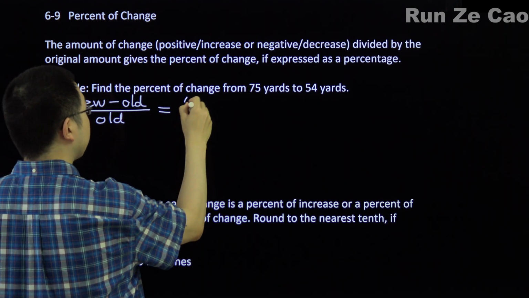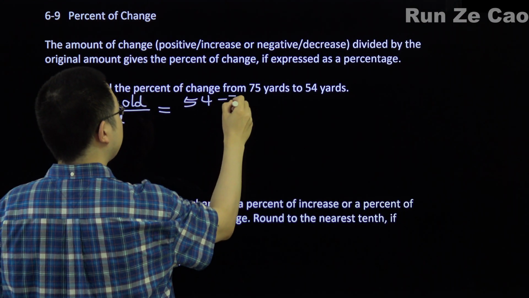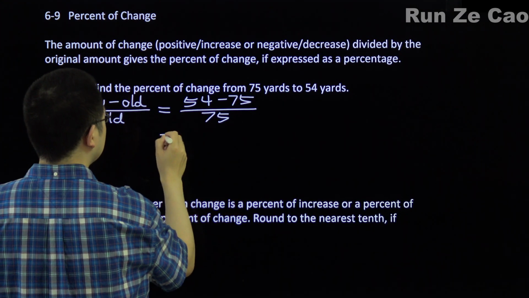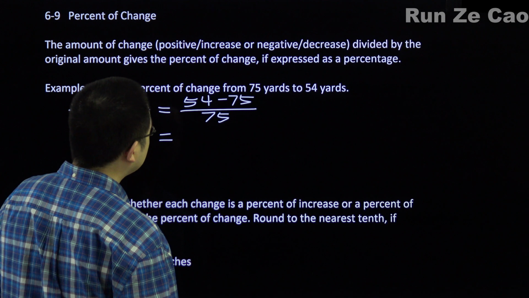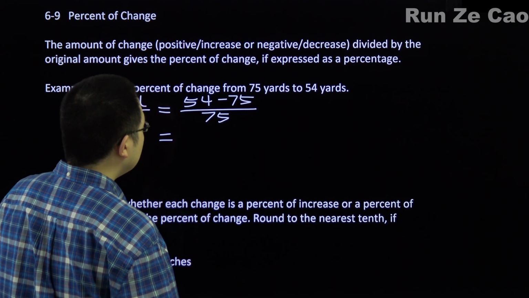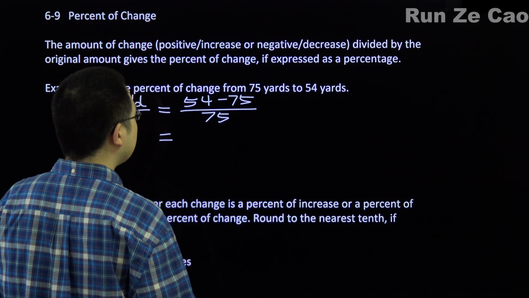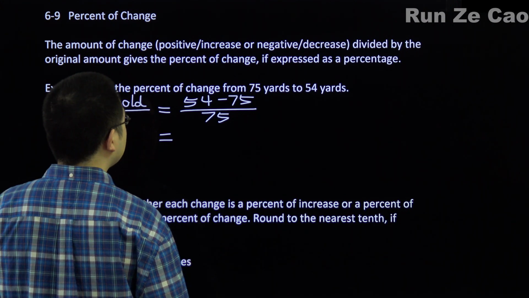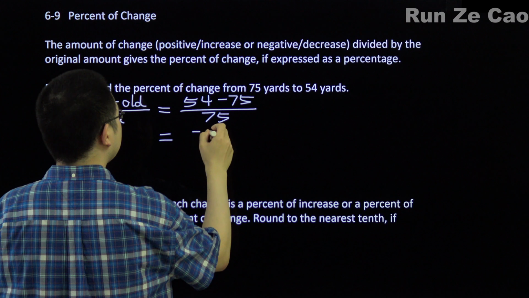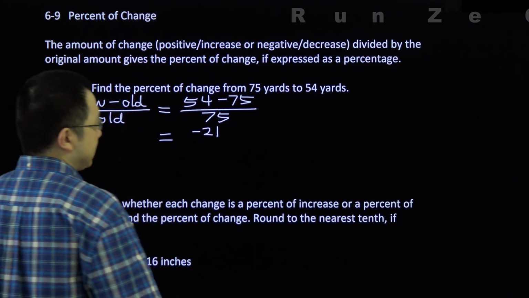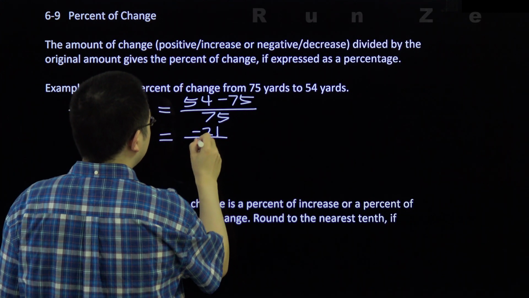That means 54 minus 75 over 75. Now 54 minus 75 will give you, if it was 55 minus 75, you'd end up at negative 20. But 54 minus 75 gives you negative 21. It's one less. Over 75.